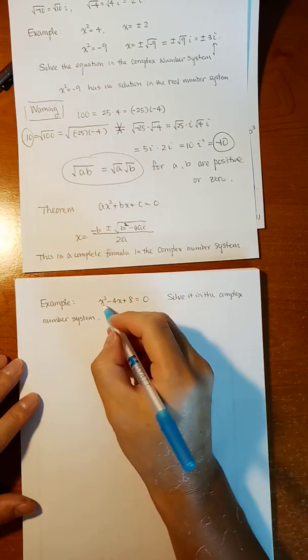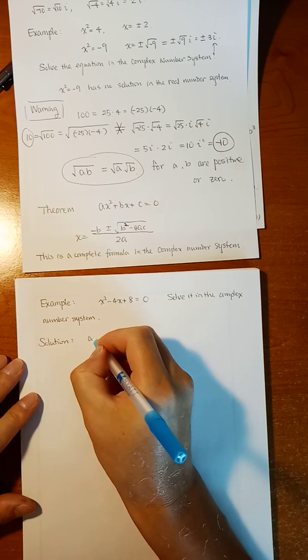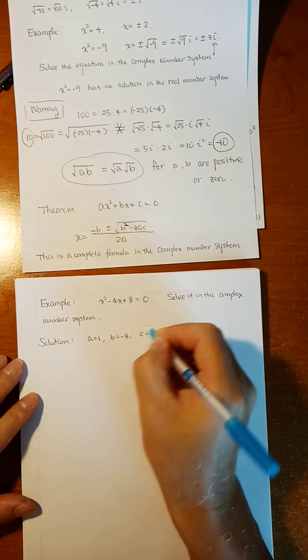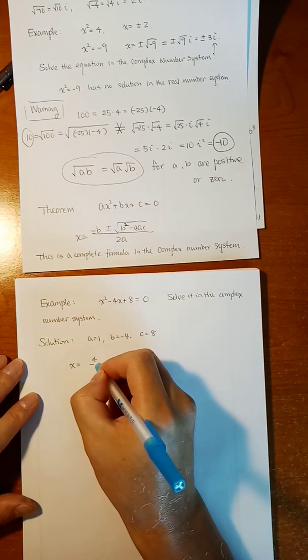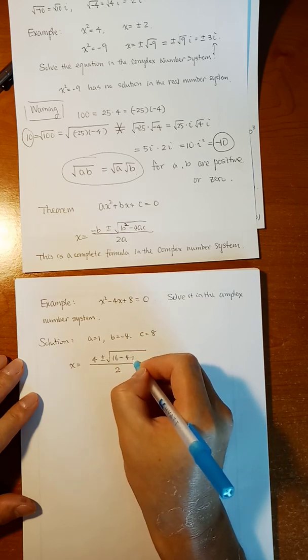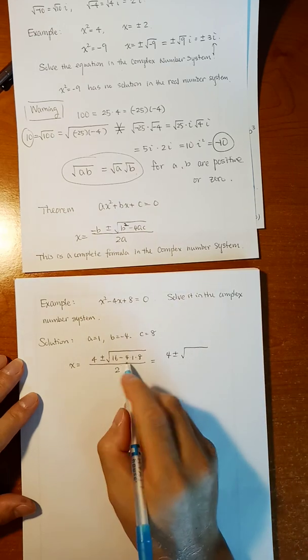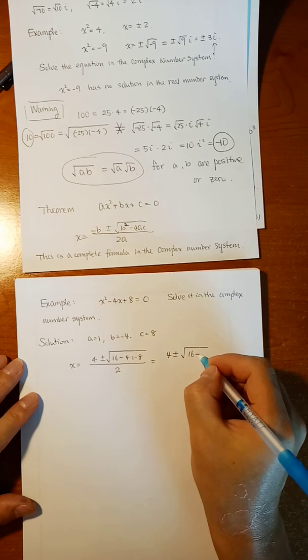So a is 1, b is negative 4, c is 8. So x is negative b plus or minus square root of b squared minus 4ac over 2a. 4 times 1 is 4, times 8 is 32.